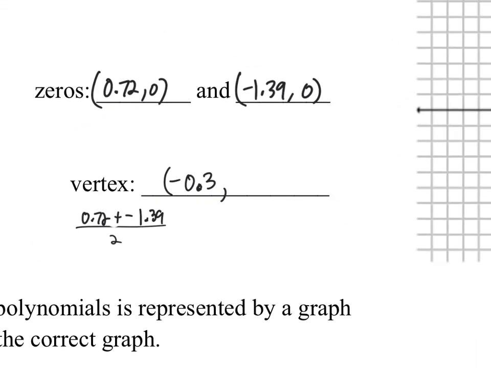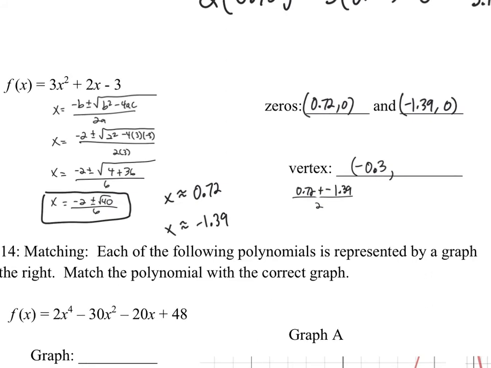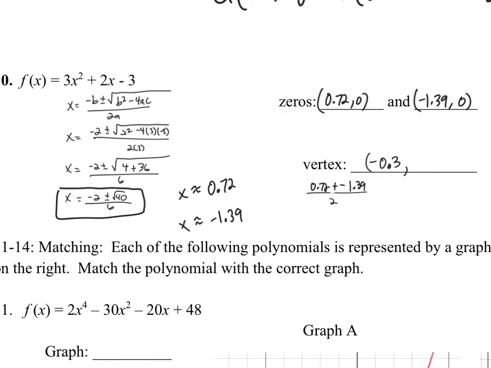And then we just put negative 0.3 into the original equation. So it'd be 3 times negative 0.3 squared plus 2 times negative 0.3 and then minus 3. And when I plug this into my calculator, I get negative 3.33. A lot of 3's going on here.